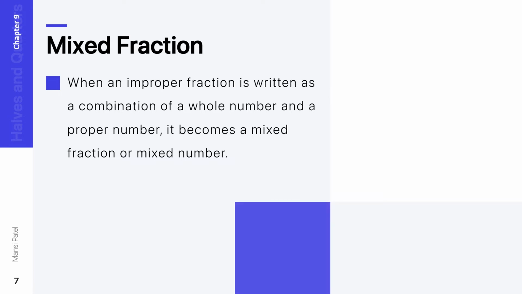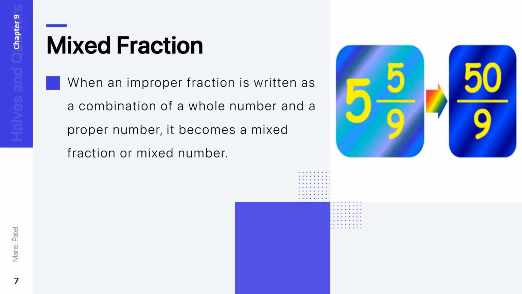Let us see. As we already studied, the improper fraction can be converted into a mixed fraction. Now this mixed fraction is the combination of a whole number and a proper fraction.